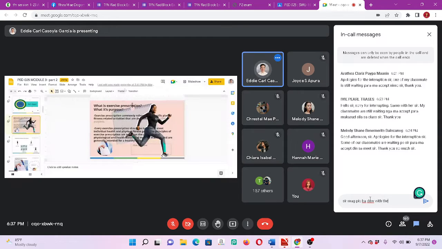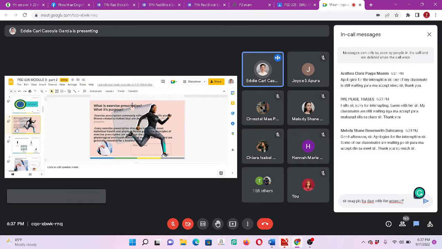But for that, what is the purpose of exercise prescription? This is simply na ato ang gi-follow this exercise prescription for 1 month, for example.